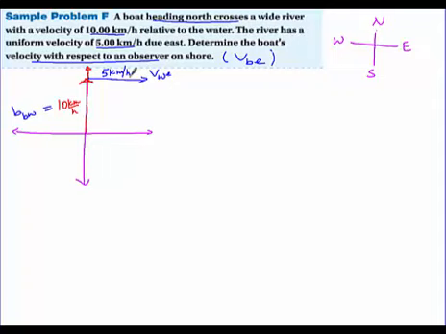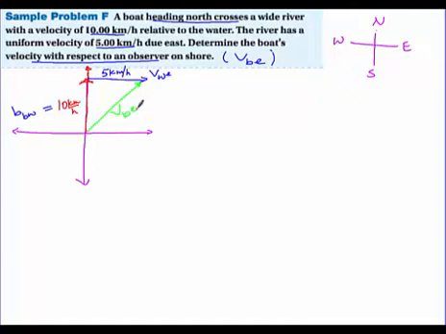Now we want to find the resultant velocity. This is the resultant velocity, or the velocity of the boat relative to the ground or the earth, the velocity of the boat with respect to an observer on the ground.